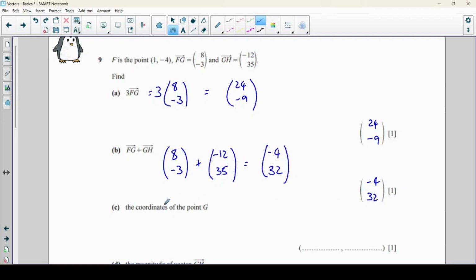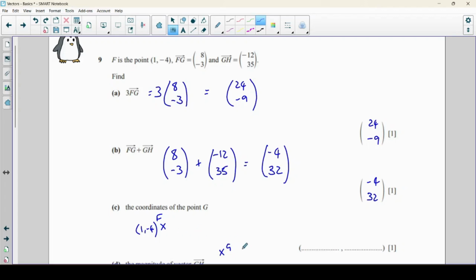Okay, now we're asked to find the coordinates of the point G. Again, I'm going to do a little sketch to help me here. Let's say this is the point F, (1, -4). And the vector that goes from F to G is (8, -3). So that means from F we're going to go 8 right, 3 down.